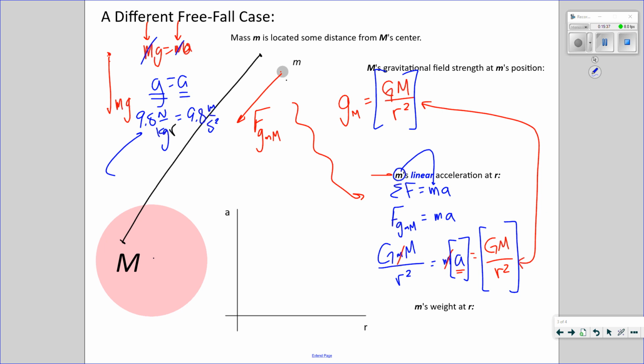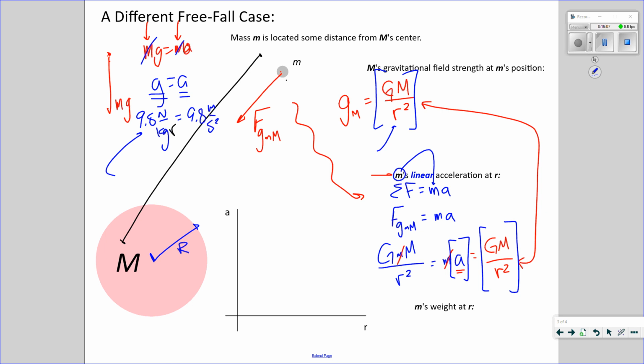And remember, if we used big R, meaning Earth's actual radius, or planet's actual spatial radius, that GM over big R squared would get us gravitational field strength at the surface. All right, so the deal is, if we want to know how fast something accelerates anywhere, because of the field that it's in, we need to know the strength of the field. And then that's the answer.